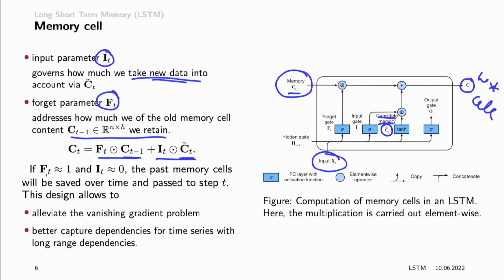So if ft is large and it is small, then past memory cells will be saved over time and passed on to step t. This design allows to alleviate the vanishing gradient problem, because we can pass information easily on, and it better captures dependencies for time series with long-range dependencies.